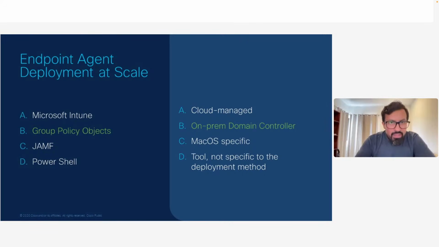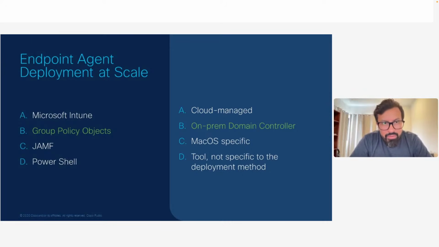Microsoft Intune is mostly for cloud managed ADs. You can integrate with on-prem as far as I know, but bottom line is, you use group policy objects to deploy to on-prem or even cloud-based domain controllers. That's the configuration type that you use.